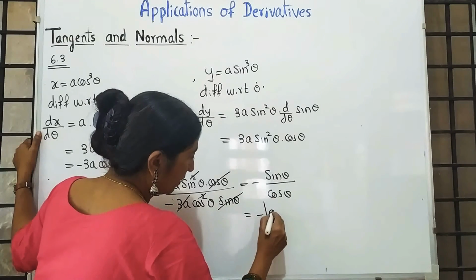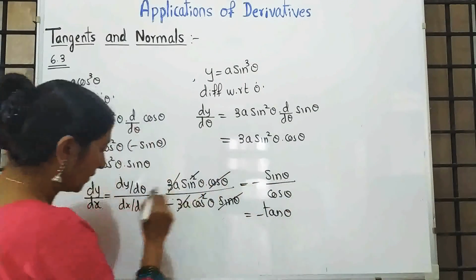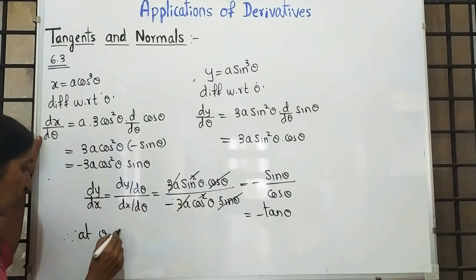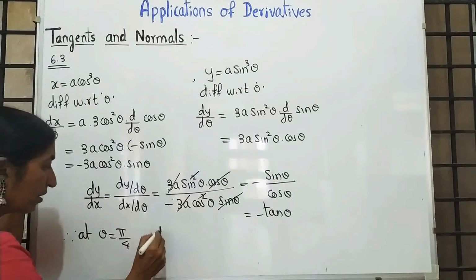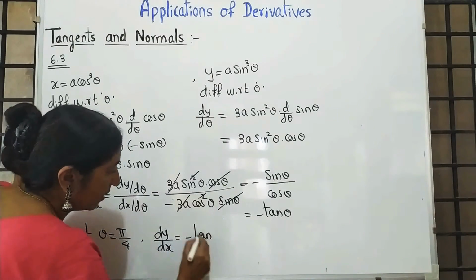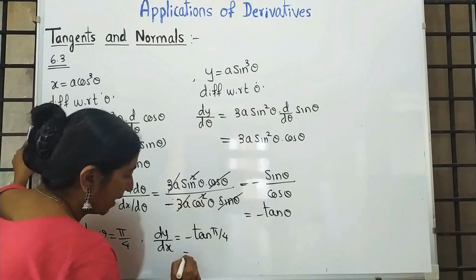We have minus tan theta. Therefore, at theta is equal to pi by 4, dy upon dx is equal to minus tan pi by 4, that is minus 1.